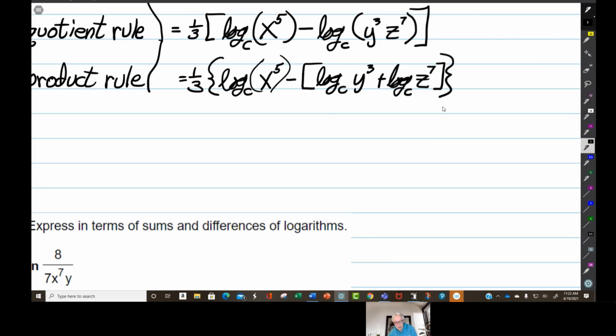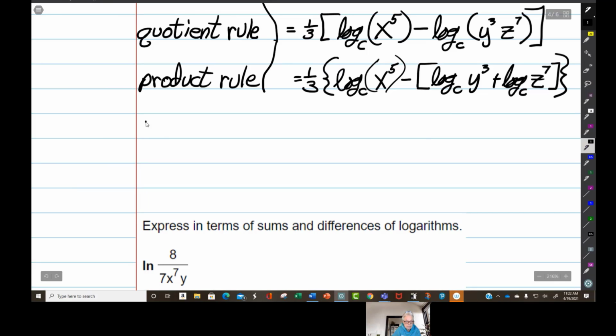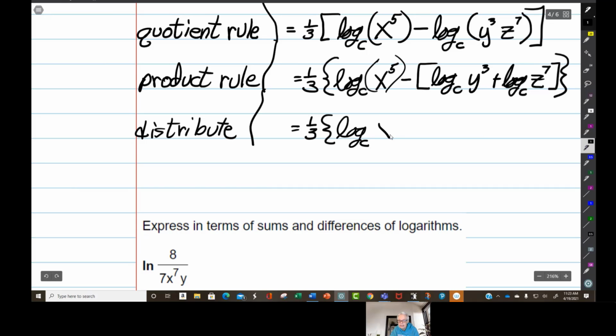Okay, so now I'm going to distribute. So that'll be 1/3 log base c of x to the 5th minus log base c.